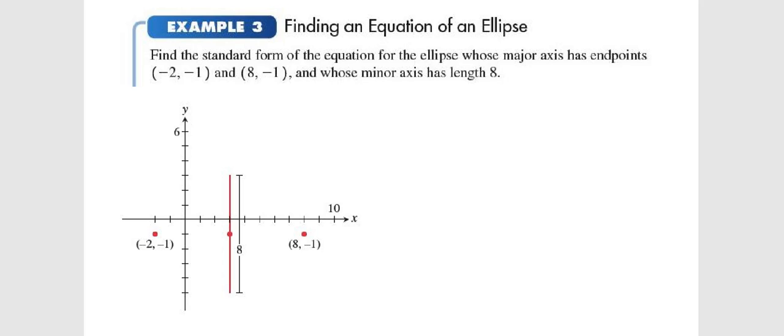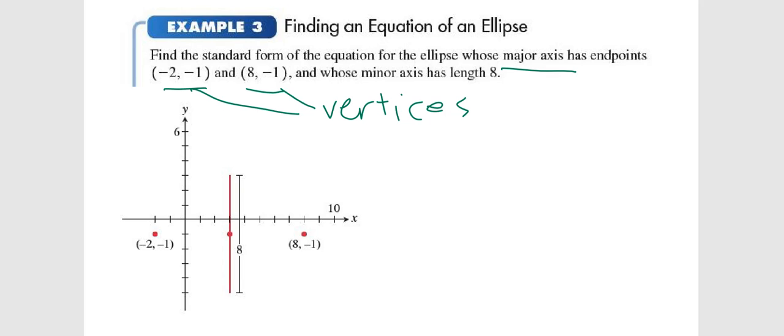Find the standard form of the equation for an ellipse whose major axis has these endpoints. So since it's the major axis, what's special about those 2 points? What do we call them at the end of the major axis? Vertices, right? These are my vertices. You can see that they have graphed them out for us.